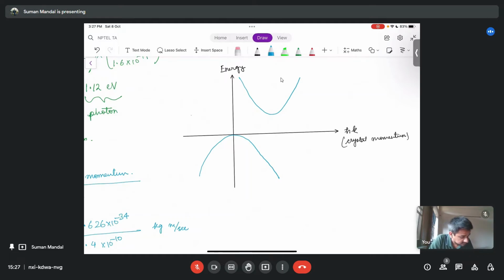And this is the valence band, conduction band minimum. Then the energy supplied by the photon is very high, but the momentum is negligible. So it's very steep like this. Most of the energy is supplied by the photon, and a very small amount of energy but a maximum amount of momentum is supplied by the phonon.